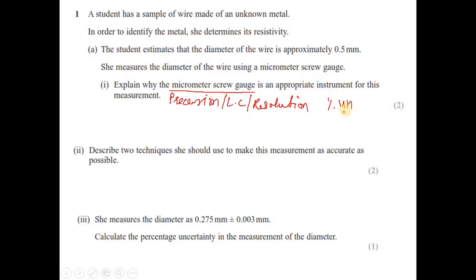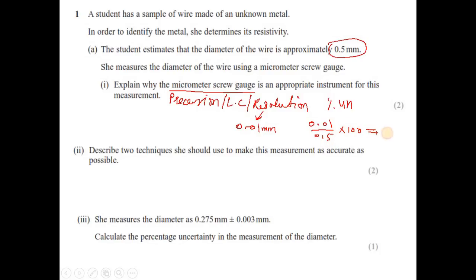And then we say that because the percentage uncertainty we can determine from this value, so you can say that the resolution of micrometer screw gauge is 0.01 millimeter. That gives us a percentage uncertainty 0.01 divided by 0.5 multiplied by 100.